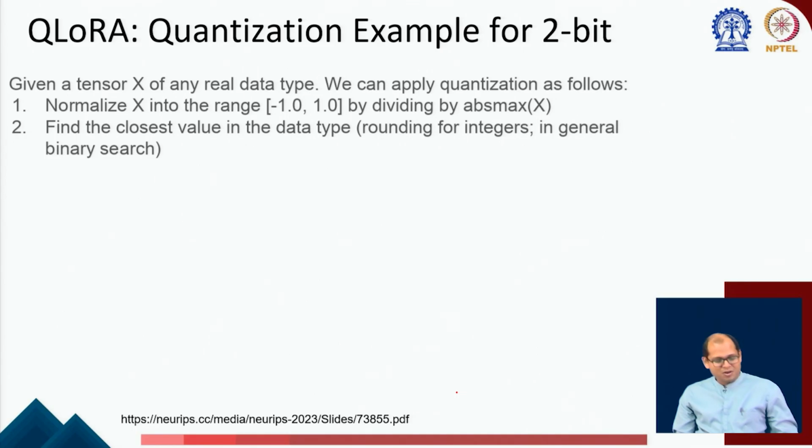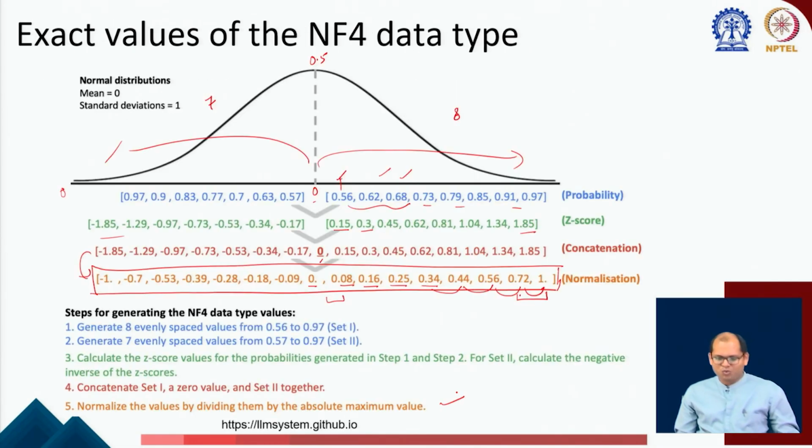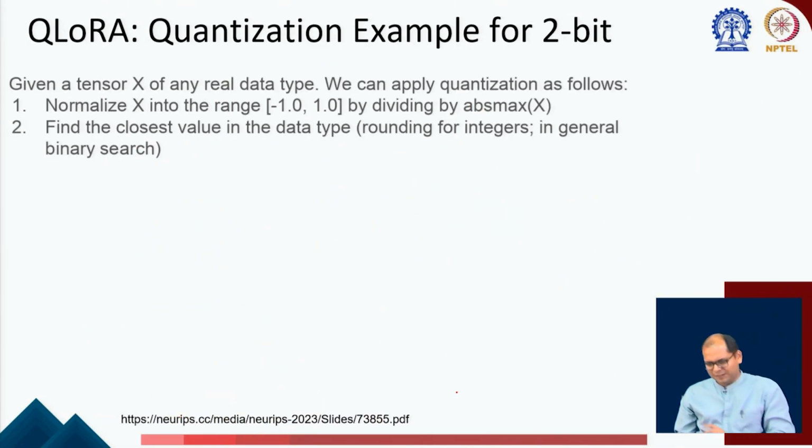Now we talked about quantization and dequantization when you have equally sized bins. In this case, how would you do quantization and dequantization? Let's take an example. Again we have a tensor x of any real data type. The first step will be the same. I find the absolute max of x and divide by that, so that x is in the range of -1 to 1.